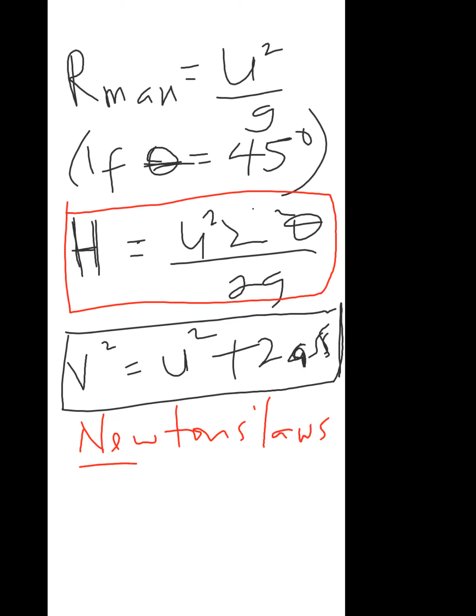Newton's laws. The first one says a body will continue in its state of motion or at the point of rest unless it is acted upon by an unbalanced force.